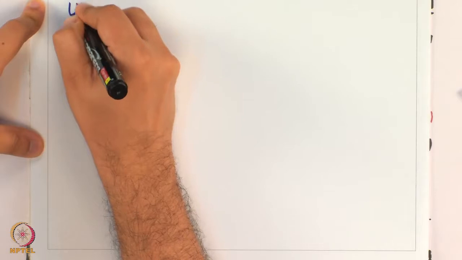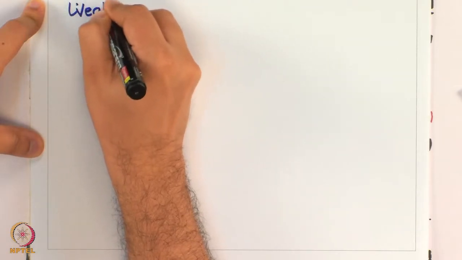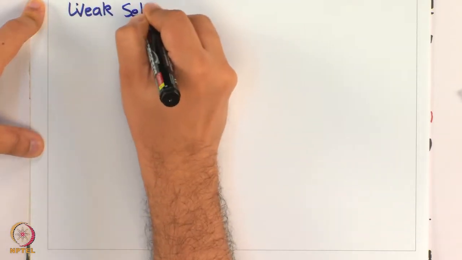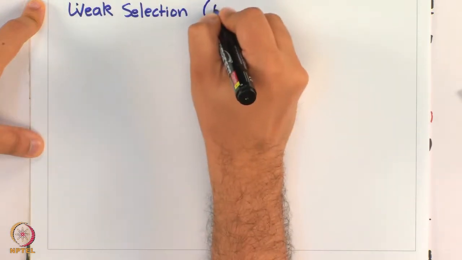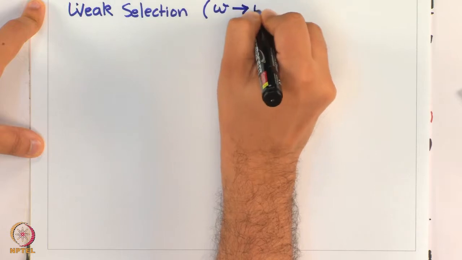What that implies is that omega is not zero, but a small number very close to 0. The limit under which we want to study this is called weak selection, which implies that omega is close to 0.